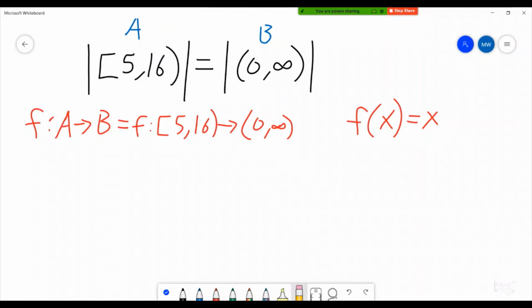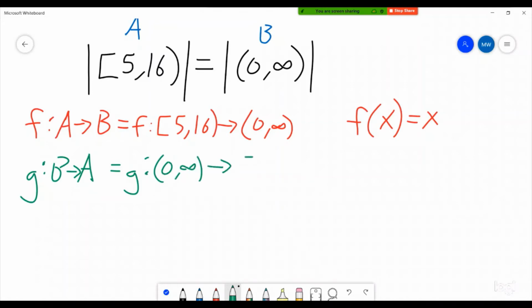The other thing we have is we have to have a function g that goes from B to A. So we have to have some function g that goes from 0 to infinity and then somehow shrinks that down to 5 to 16.